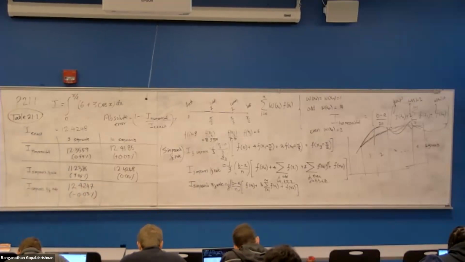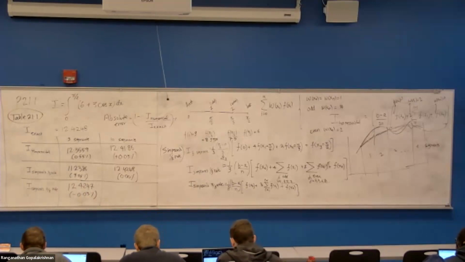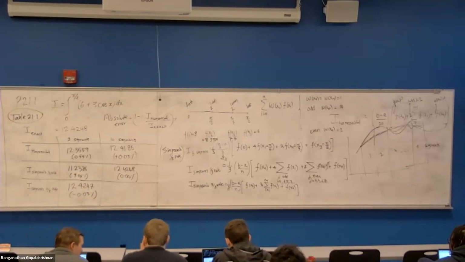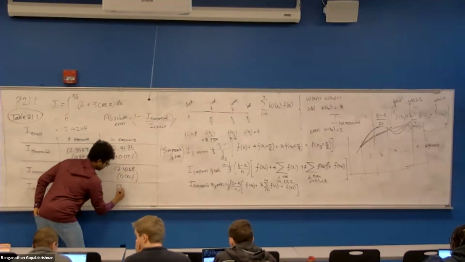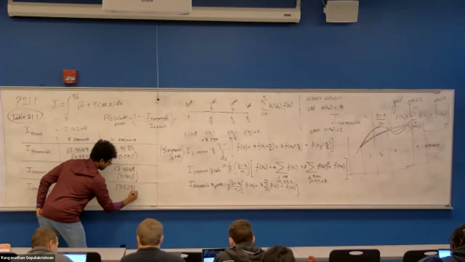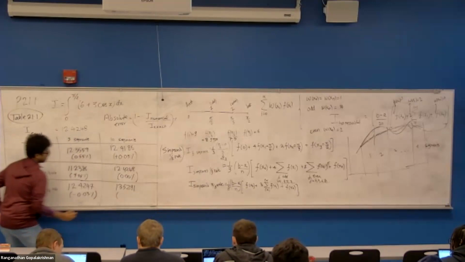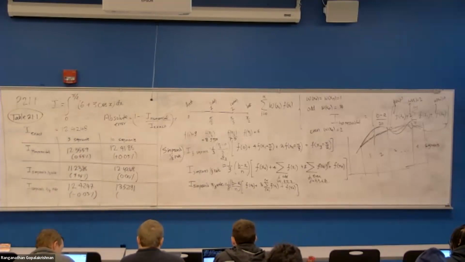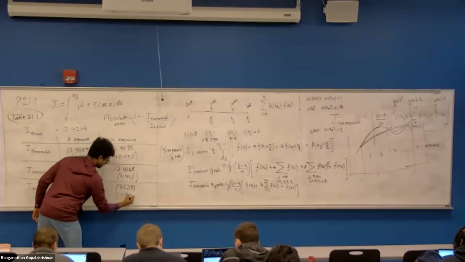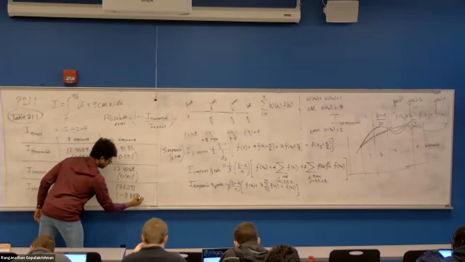And if I do this with 10 segments, I'm getting 13.5291. Somebody needs to cross check me. I got the same one, 13.5291. And the percentage error being minus 8.8891%.